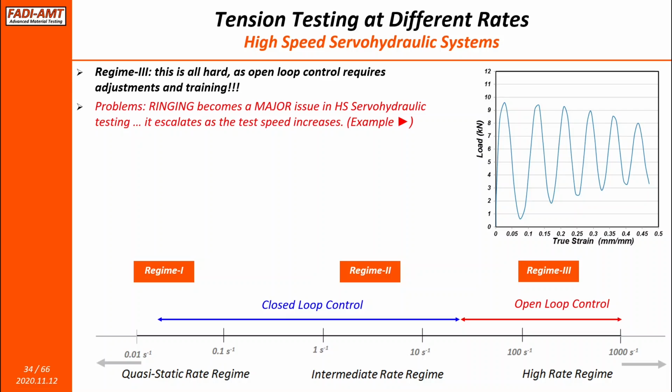That's just what we call ringing because of this waviness in the load time or load displacement curve, whatever it is. This is a major problem because when you go to high speeds and you get such curves, you really can't do much with these curves. Some people apply filters and algorithms to sort of find the median between all of these peaks.